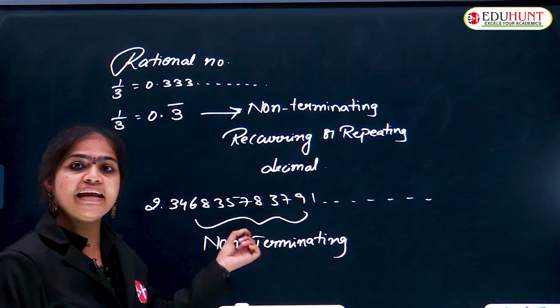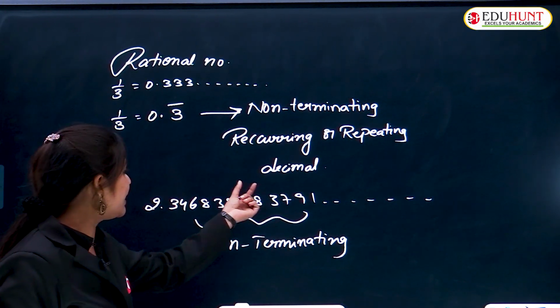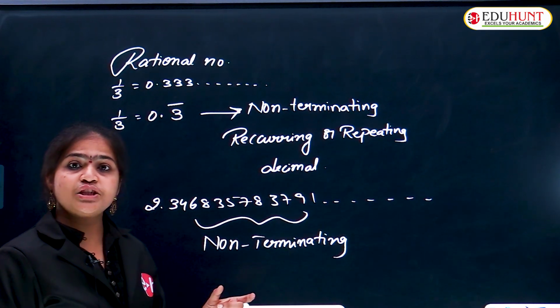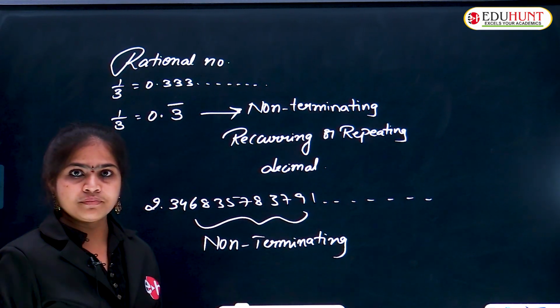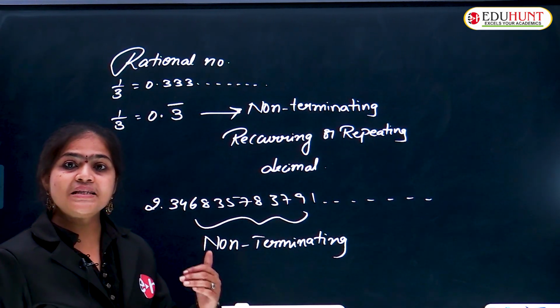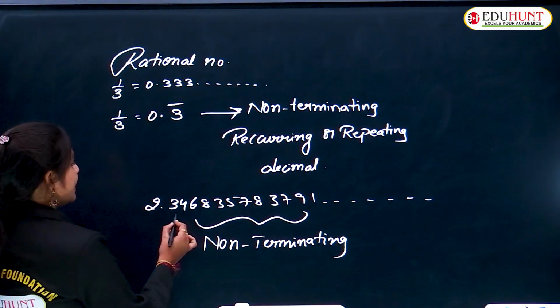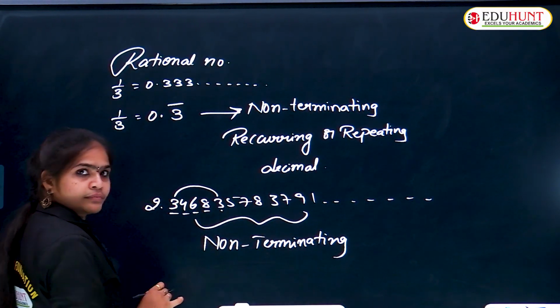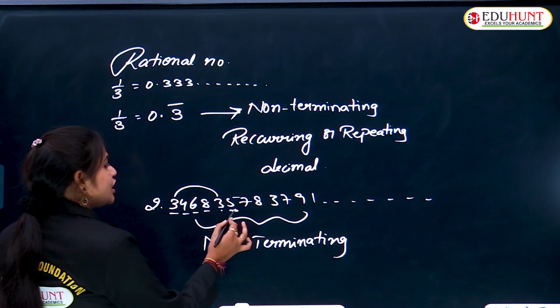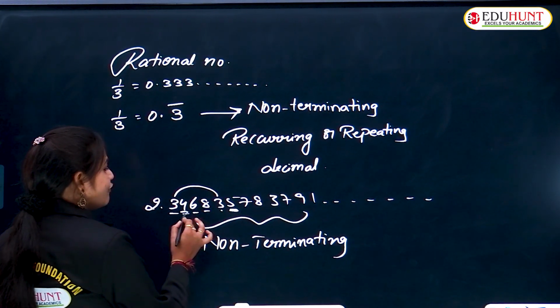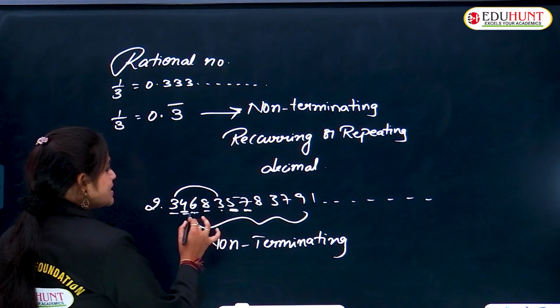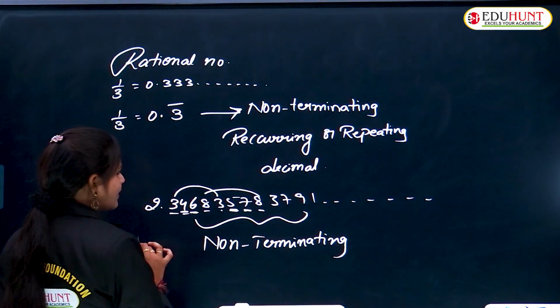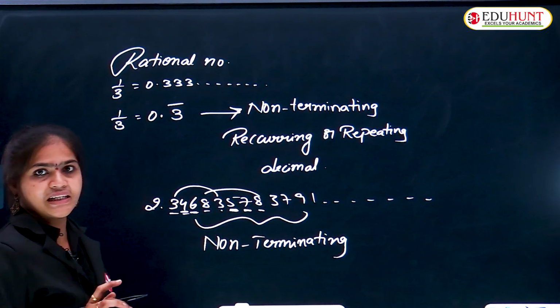Is there any place value, any number in repetition? Repetition means in continuation only, without giving any gaps. For example, here 3, 4, 6, 8, here again 3 is there, but after 3 which number is there? 5 is there, but here 4, here 7, here 6, here 8, but this is not in repetition.